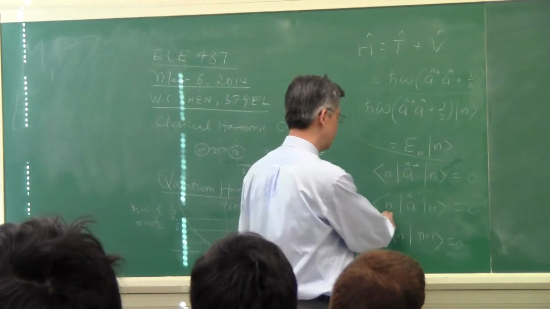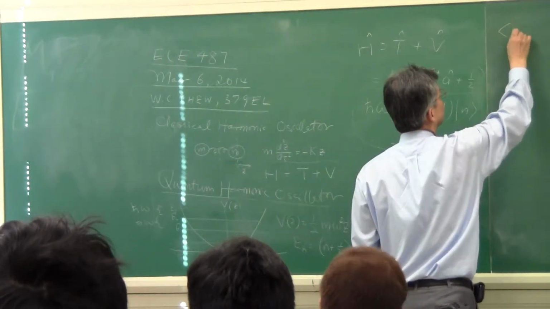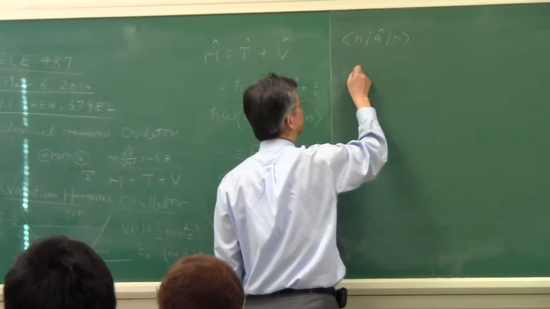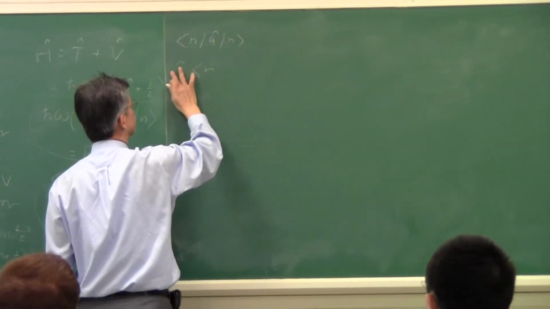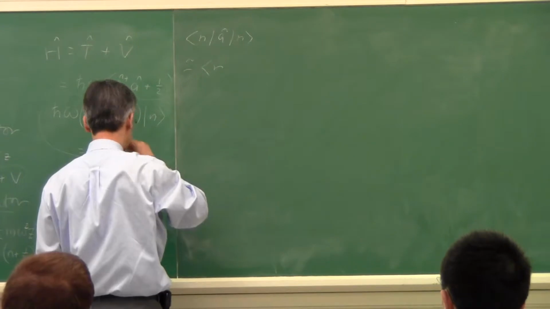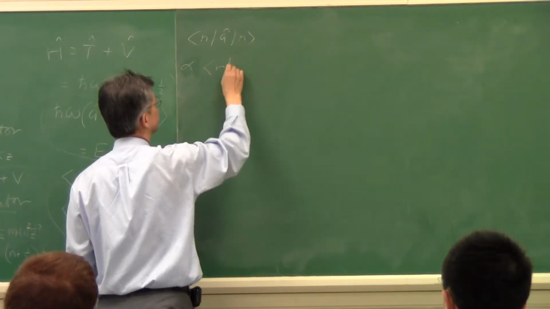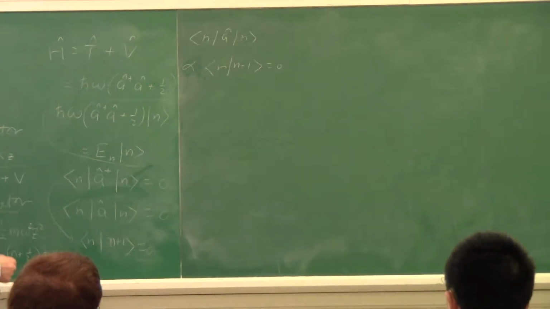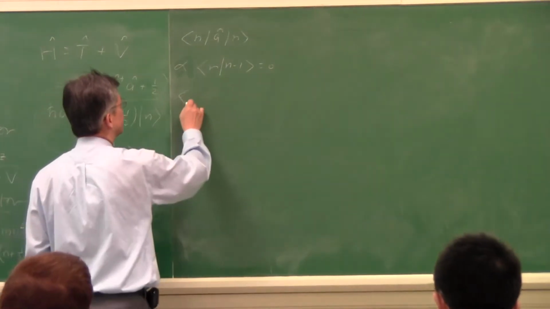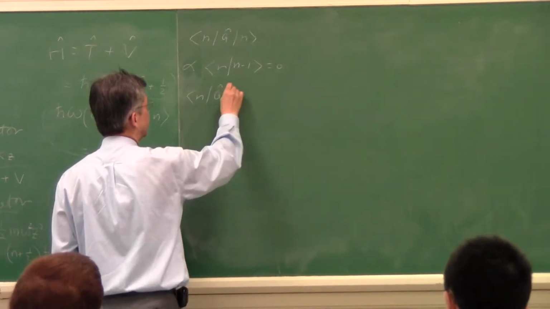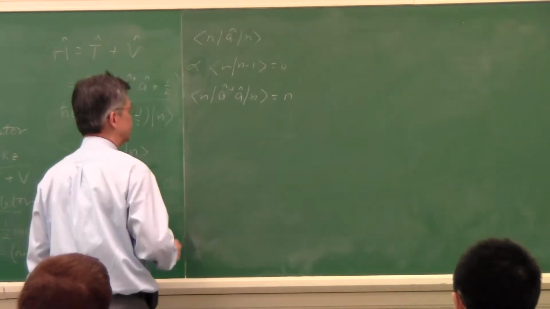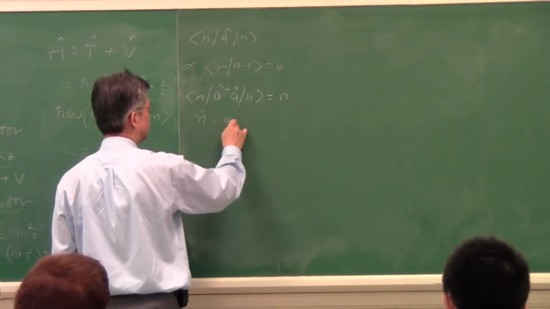And if you look at the other one, n a hat n, this always lowers it by 1, so this is proportional to, ignoring the constant, n minus 1, and this is again 0. But the expectation value of a hat dagger a hat is not 0. It is equal to n, because this is the number operator.